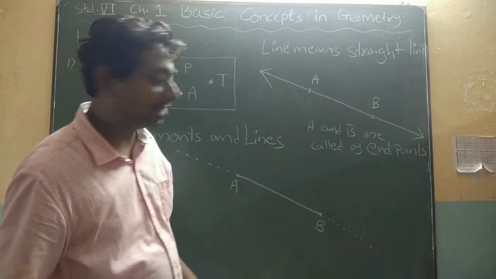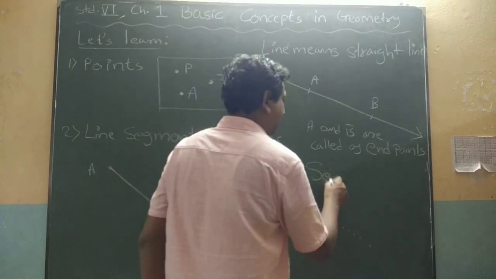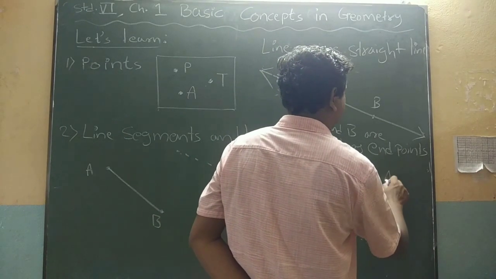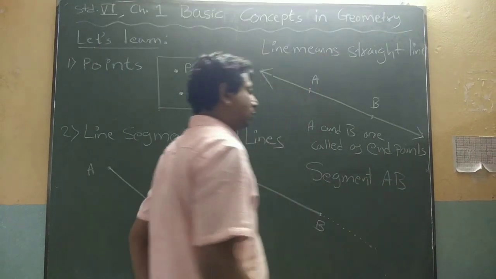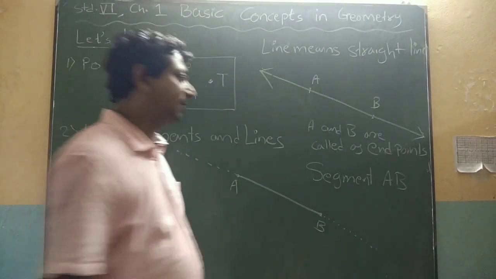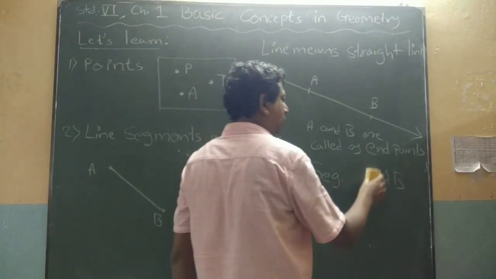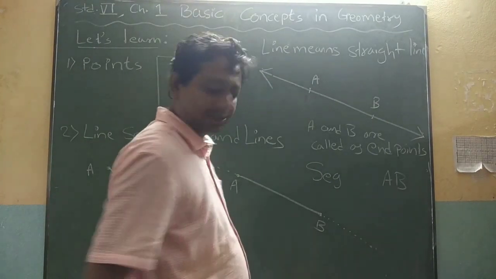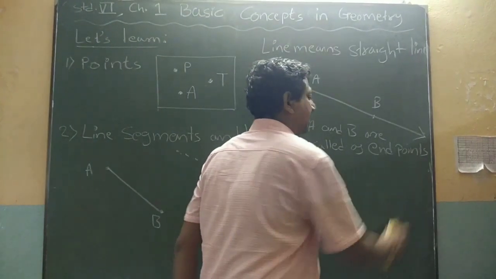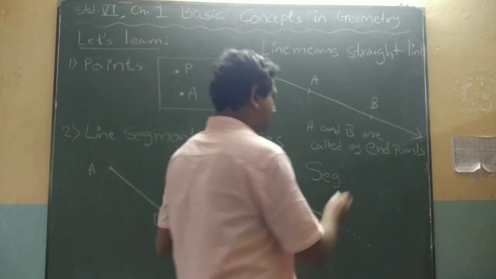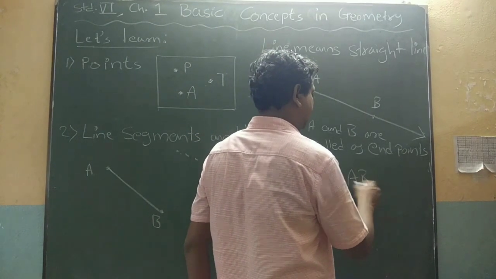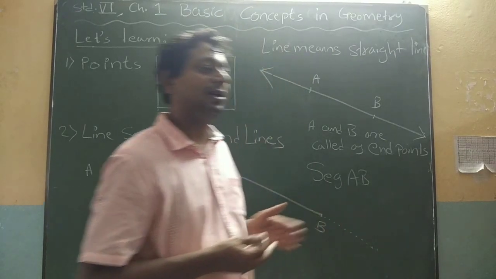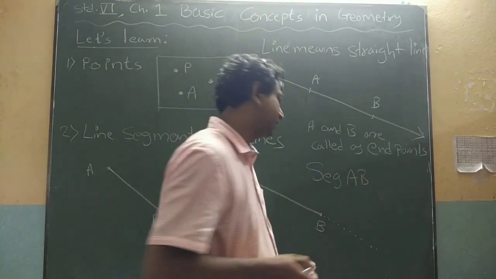In short, in mathematics, sometimes we use a short form. So we have removed the ment and we are just writing segment AB. When we are saying it, don't say seg, it is called segment AB.